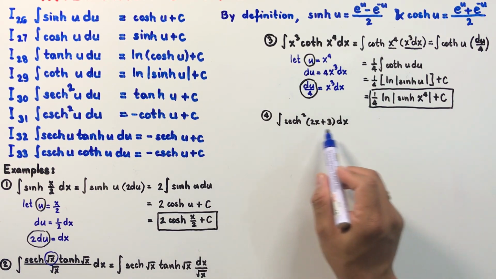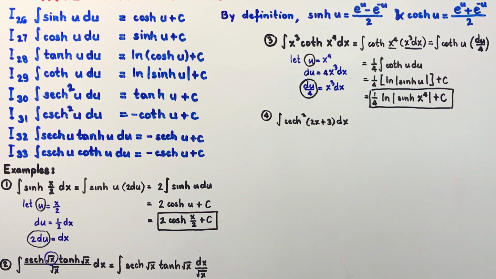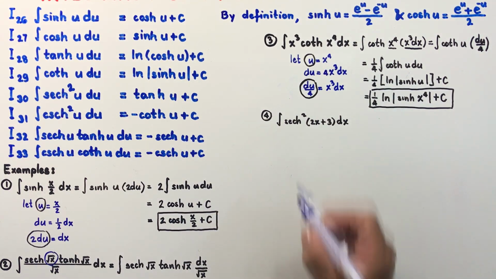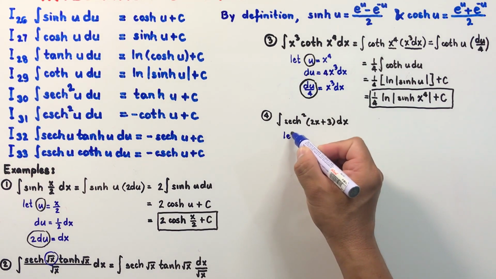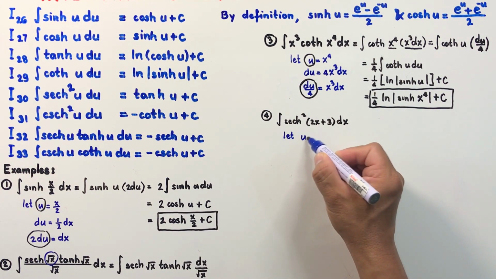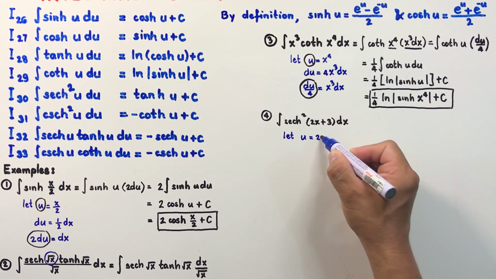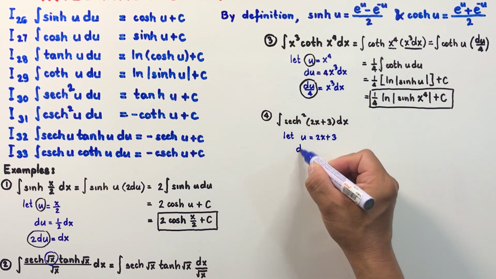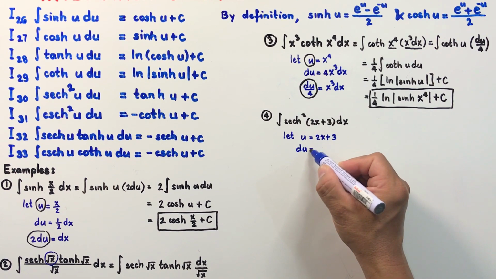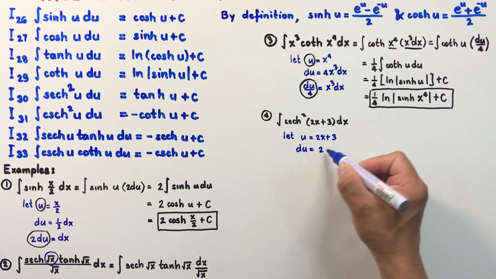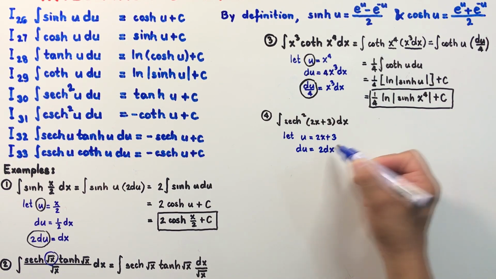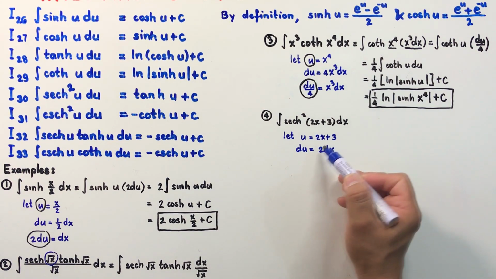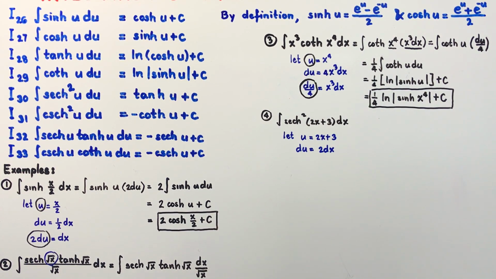Now, looking at this integrand, we suspect that we can apply formula 30 here by representing our u as 2x plus 3. Because if you take the differential of u, this is 2 dx here, because the derivative of 2x is 2 and the derivative of 3 is 0.